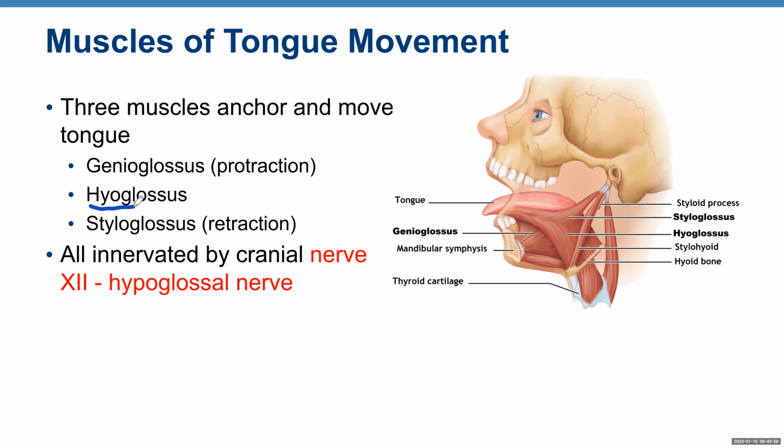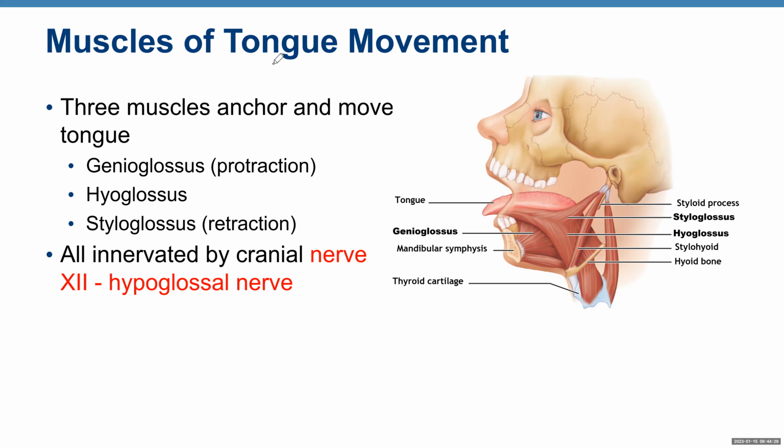Hyoglossus, this is the muscle right here from the hyoid bone to the tongue. Genio means your chin, so it's from your chin to your tongue, genioglossus. Hyoglossus, hyoid bone to the tongue, and styloglossus. Remember, in the temporal bone, you have the styloid process. So it's from the styloid process to your tongue, styloglossus.